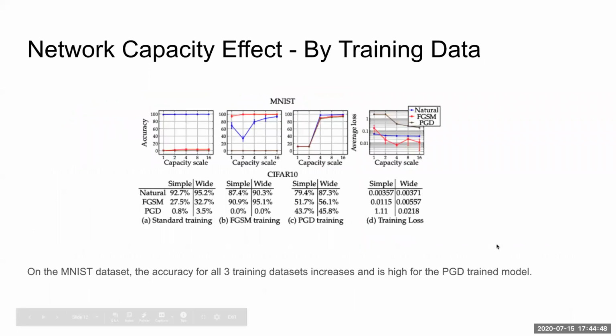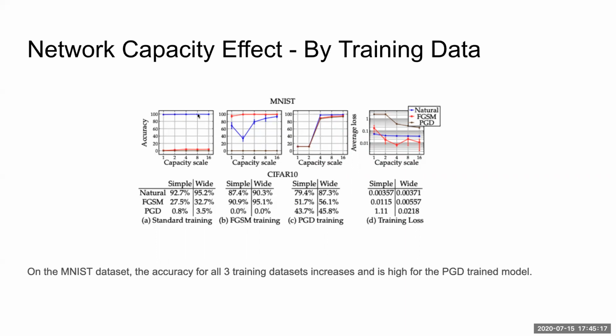Okay, this is another experiment that highlights the point that Amar made about network capacity. If you take a look at the first 3 charts above, the first chart represents standard training, so no adversaries involved. And there are 3 lines related to the inputs.